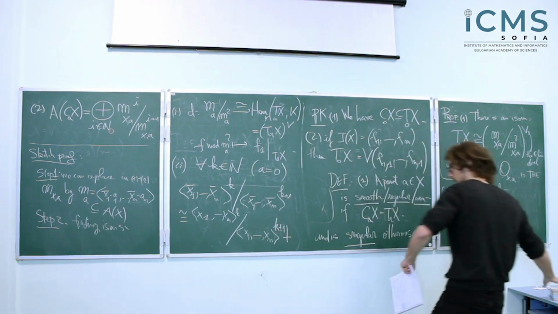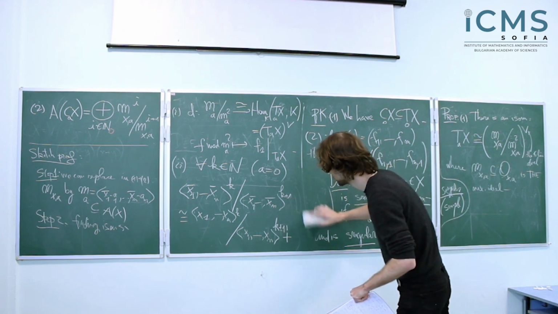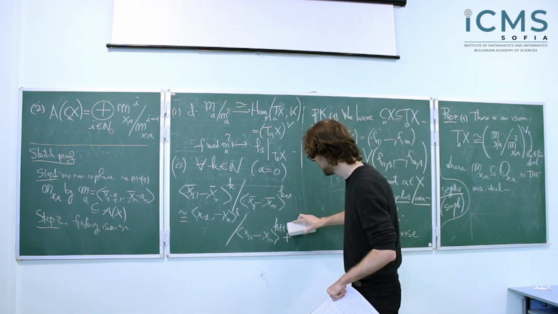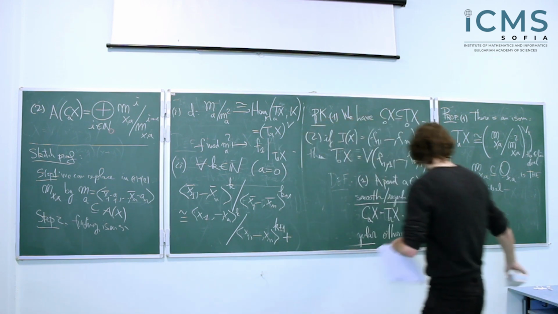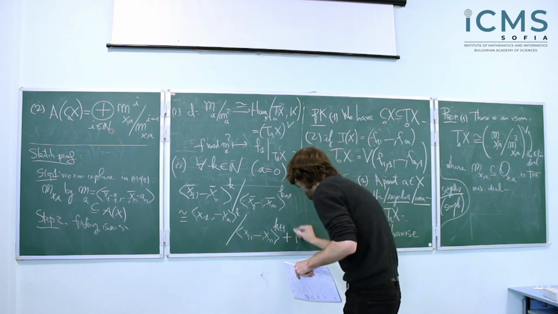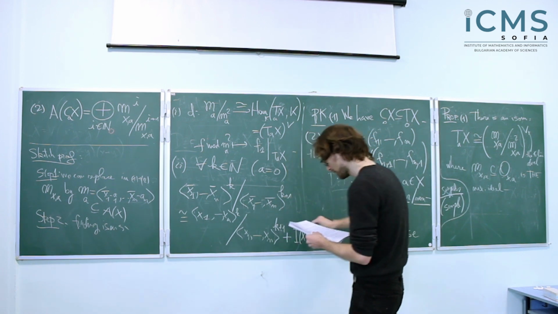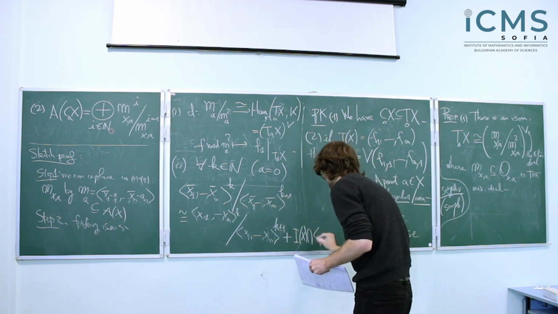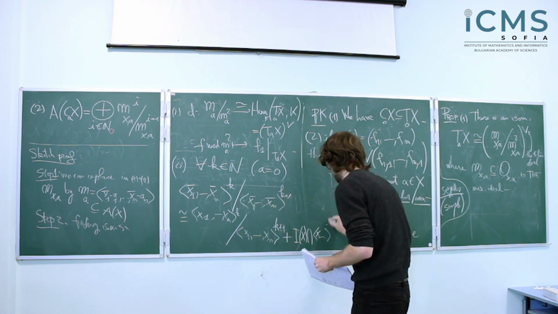Okay, I don't have enough space here. Let's see, and the extra equations are going to come from I of X crossed with this component here.